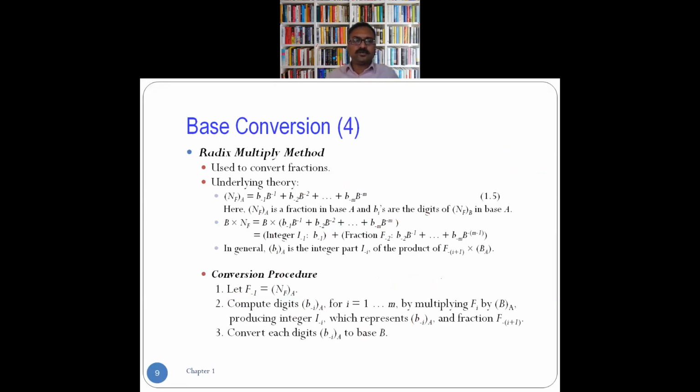Now the conversion of fractions. In the case of a fraction, what do you have to do? We have to multiply. For example, you take some number and convert it into a number with base b. You multiply this number by b and you will get an integer plus some fraction.